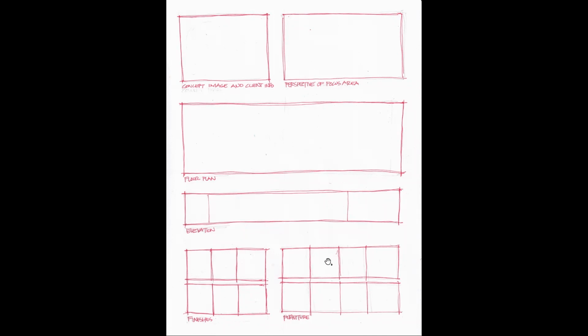I may decide that I want to have one really beautiful image right here that takes up all four parts of this, or maybe there's a long piece that I want to expand across these two boxes, for example. But this, I'm just blocking out that I've got selections for finishes and selections for furniture. And I'm right now thinking about them as separate grids within this overall layout. Now, it doesn't have to necessarily be like this, but this is just what I'm starting to think about.